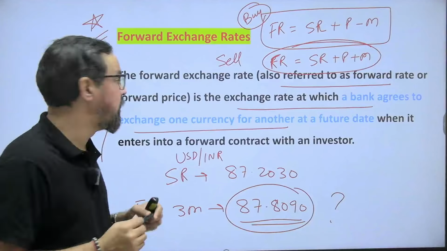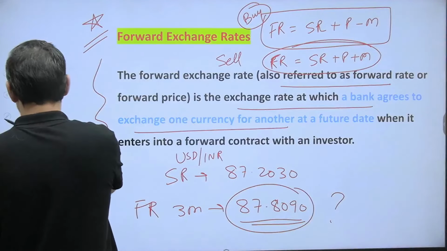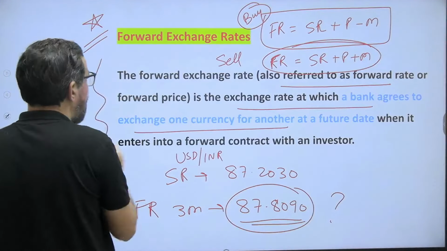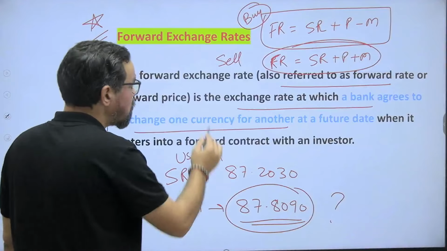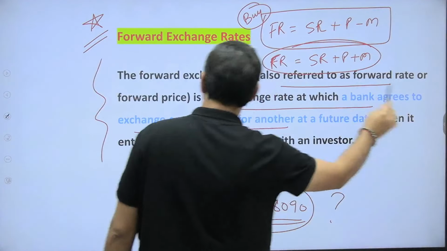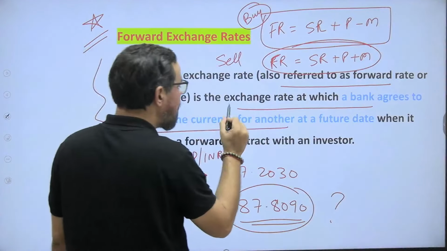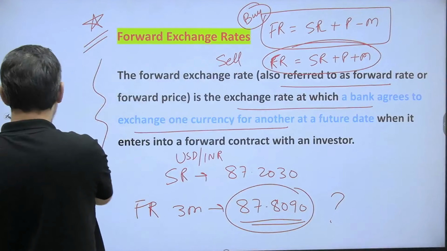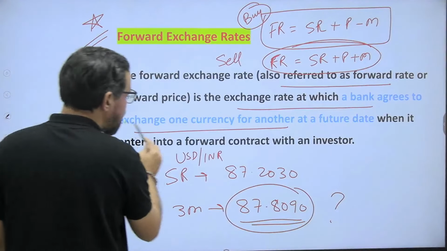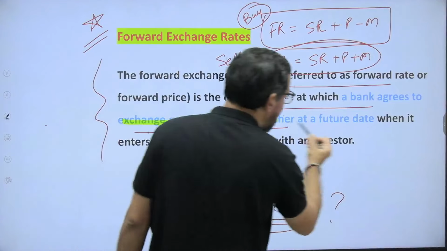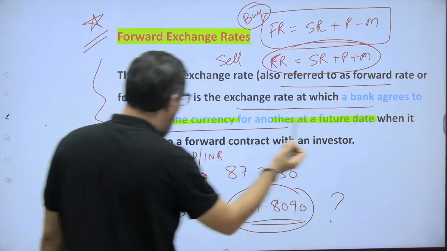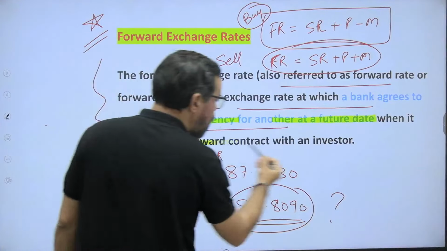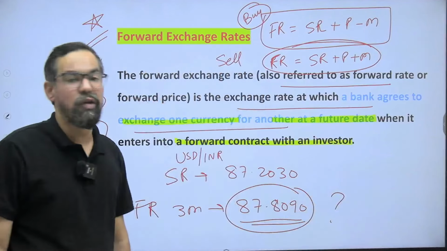Or the spot rate. So when it comes to a forward exchange rate, also referred to as the forward rate or forward price, it is the exchange rate at which a bank agrees to exchange one currency for another at a future date, when it enters into a forward contract with an investor.